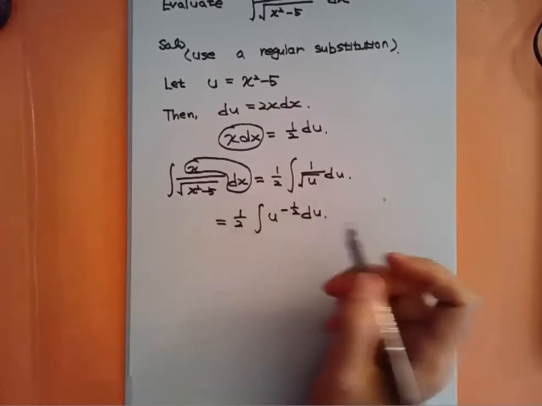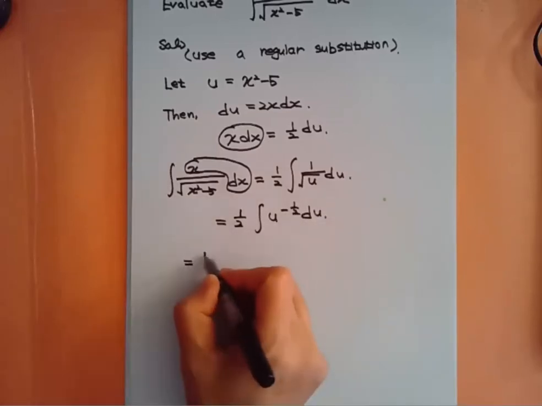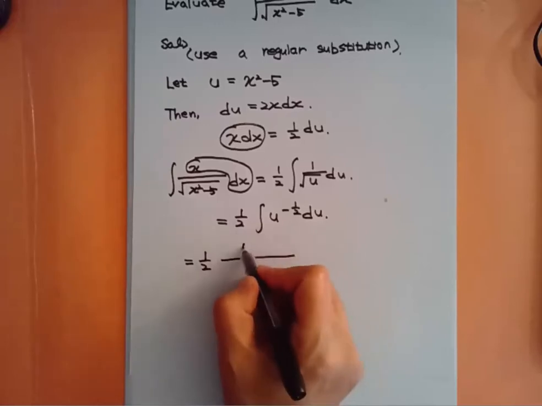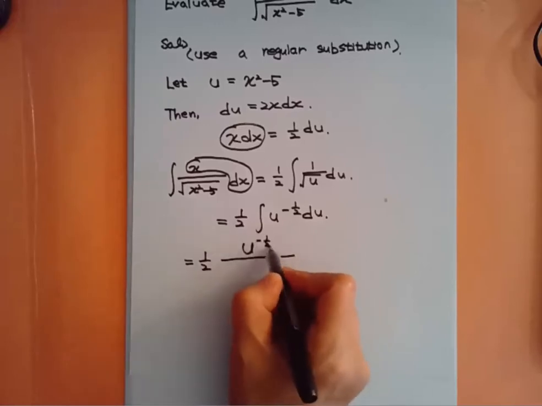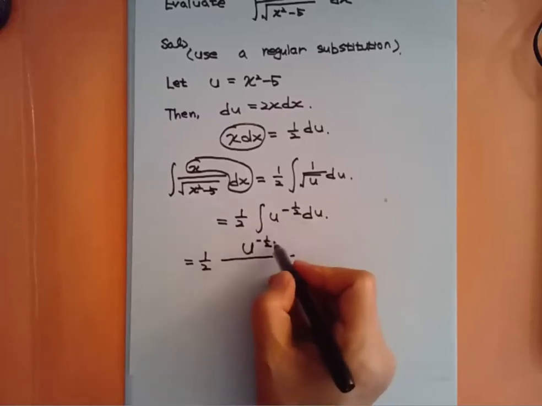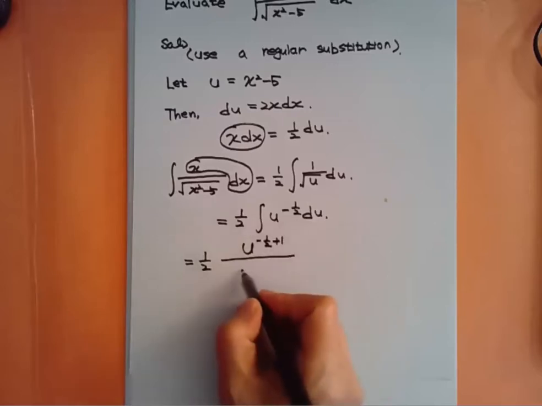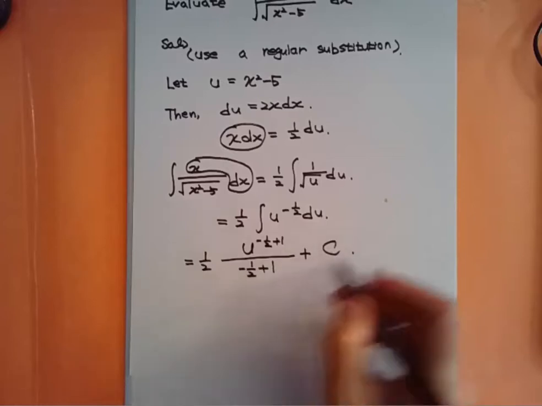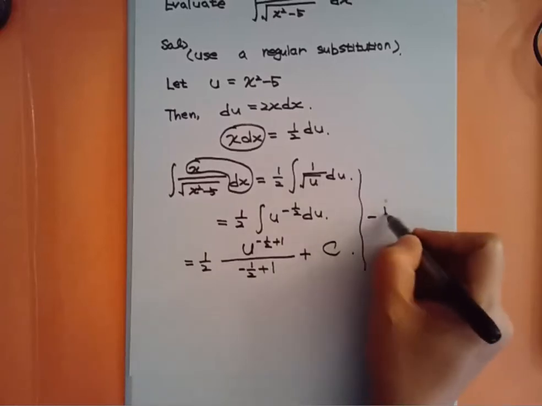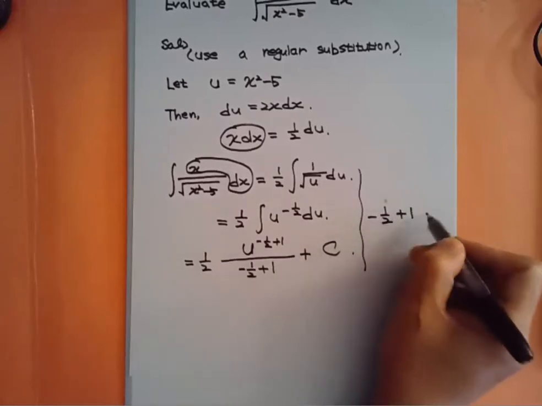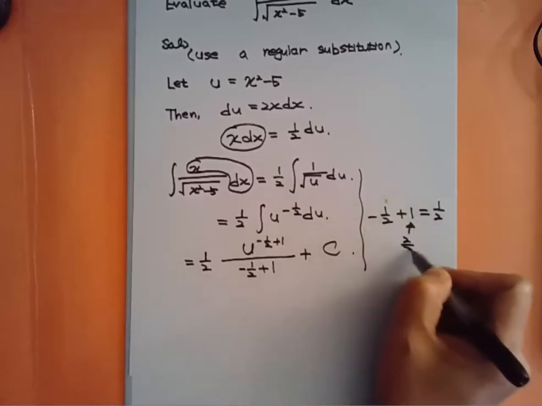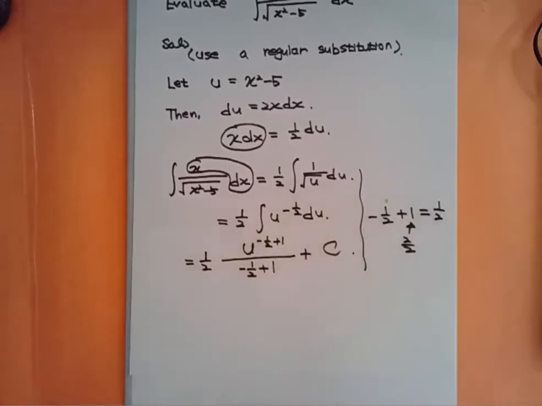And then we just apply the normal integration formula. So u to the minus 1/2 plus 1, we have to divide by the same number. Negative 1/2 plus 1 equals 1/2, because 1 is 2/2, right? 2 minus 1 is 1.